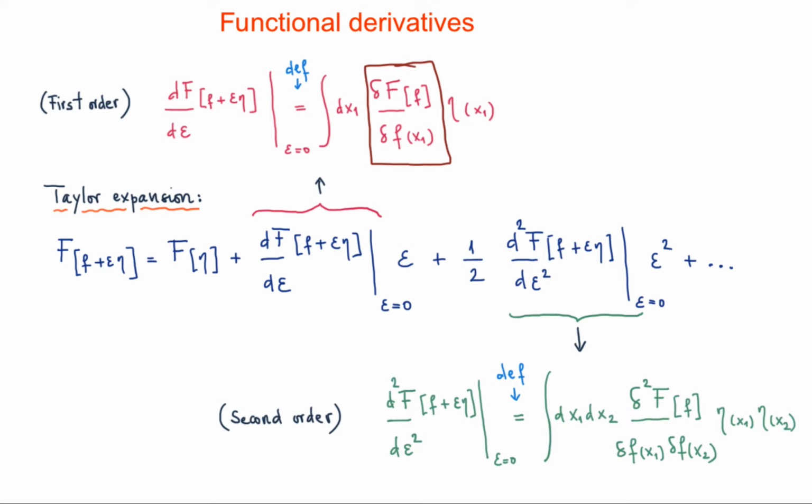This term in the Taylor expansion at second order in epsilon is defined by the integral over x1 and x2 of the second order functional derivative of F with respect to f in x1 and f in x2, times eta in x1 times eta in x2. These two expressions are the definitions of the first order and the second order functional derivatives.